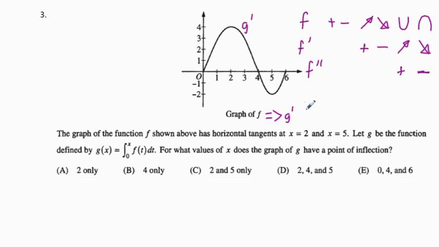And so in this case, what we're looking for is a point of inflection, and that is where the function concavity will change from positive to negative or from negative to positive, and that's going to occur where the g prime function, which is equivalent to f, changes from increasing to decreasing or from decreasing to increasing. And that occurs in two places, at x equals 2 and at x equals 5. So therefore, C is our correct answer for that one.